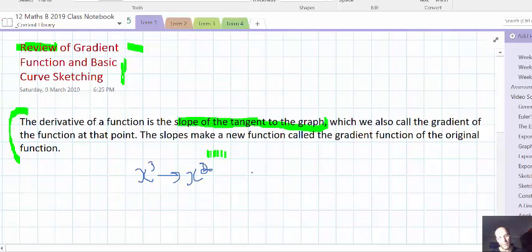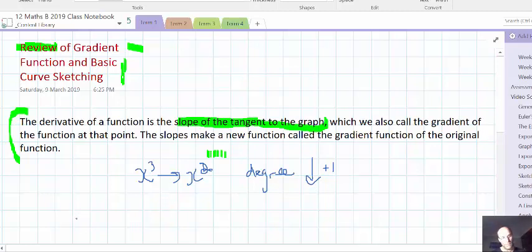So the degree of the polynomial, if it is a polynomial, will go down by 1. In other words, it'll be 1 less.